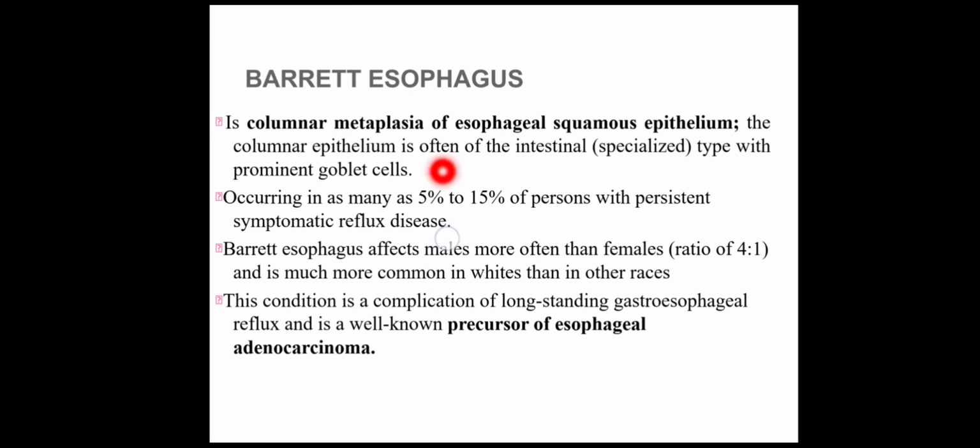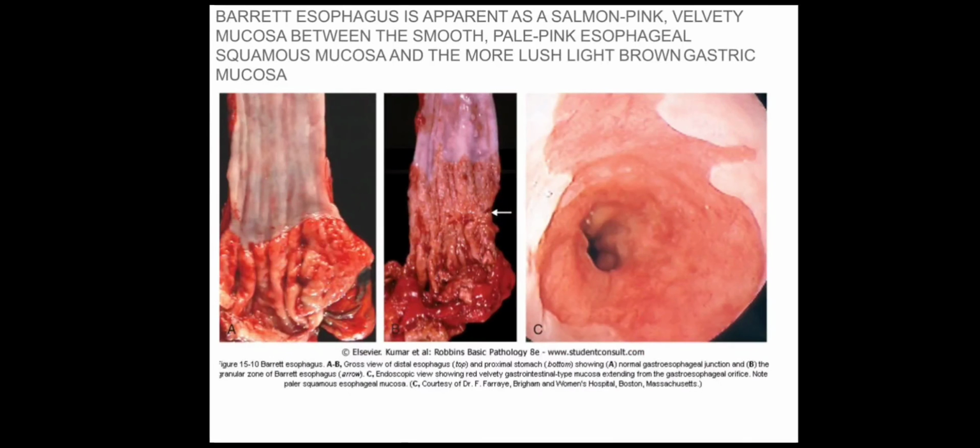So this is a precursor or a precancerous lesion. Barrett esophagus is apparent as salmon pink velvety mucosa. Here the pale pink esophageal mucosa is the squamous epithelium, and normally we have a columnar epithelium of the stomach.